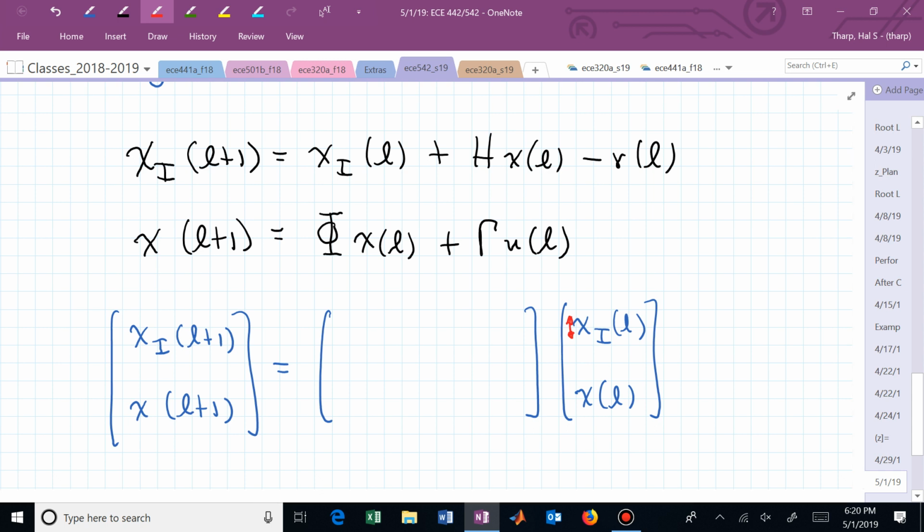How many components did I have in x sub I? X sub I, I said I had one input, so that was the 1. And how tall is little x? That's now n, isn't it? It's n tall.